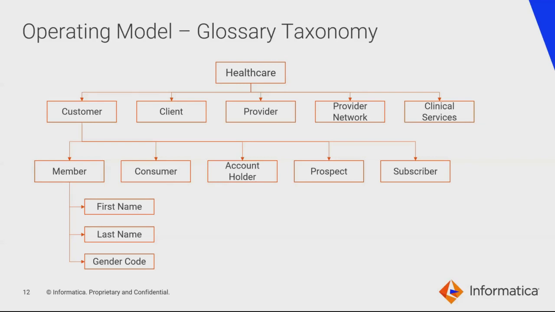Which domain, which subdomain, which category? Do I need to add a new category for my term because there's nothing relevant over there? Or there is a category, but there is a term which looks very similar to what I'm trying to add. So should I consider merging them, or should I reuse that? So a taxonomy drives a lot of behavior and keeps this information contextual so that it's meaningful and usable.